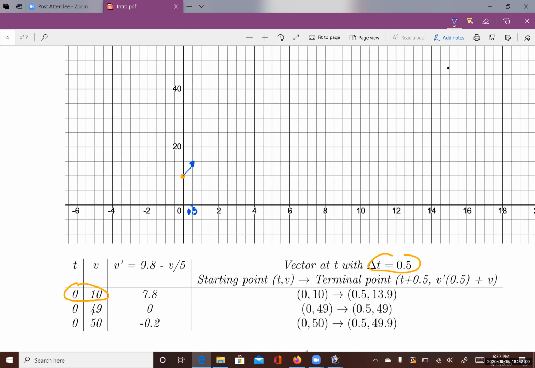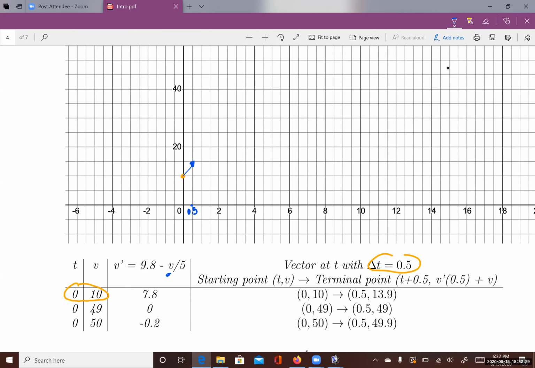Observing this differential equation, v prime here does not depend on t, it only depends on v, right? That means as long as you have the same v value, it doesn't matter what value of t, the slope will be the same, and your slope vectors will be the same for different values of t but the same value of v.